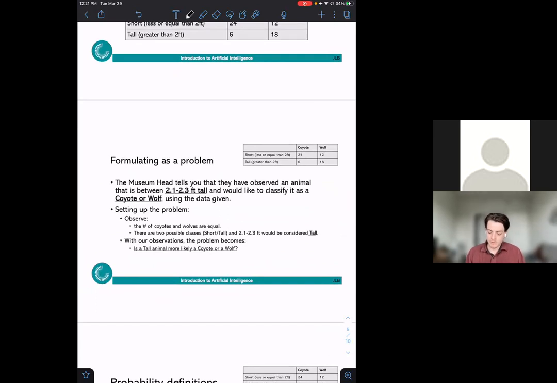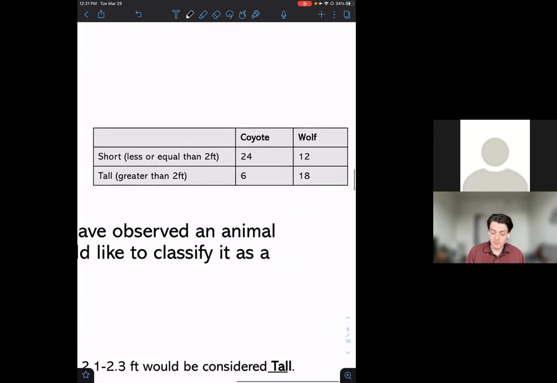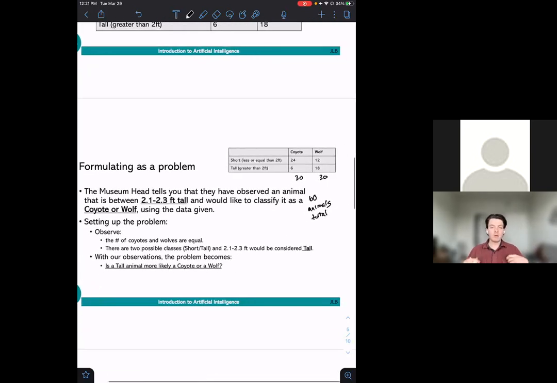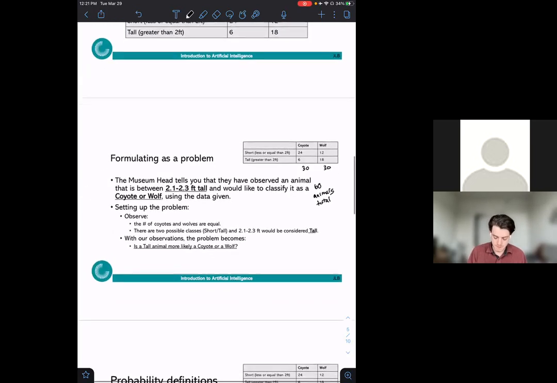We also observe from the given counts that the totals are the same: there are 30 coyotes and 30 wolves, 60 animals total. With that taken into account, how can we set this up and solve this using probability?